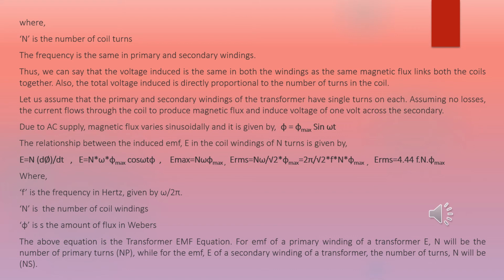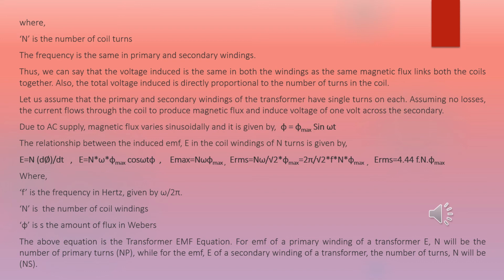The relationship between induced EMF E in the coil windings of n turns is given by E is equal to n d phi by dt. Hence, we can write E is equal to n into omega into phi max into cos omega t. So we can write E max is equal to n omega phi max.